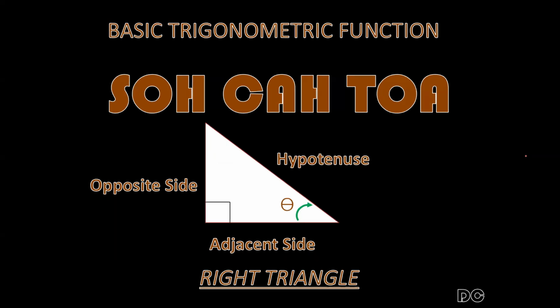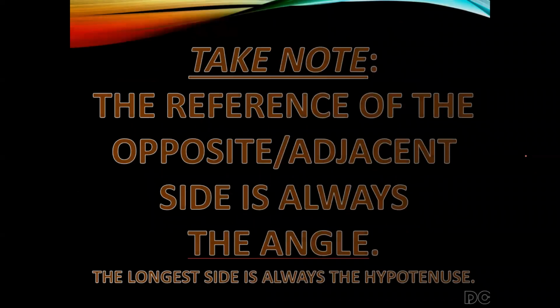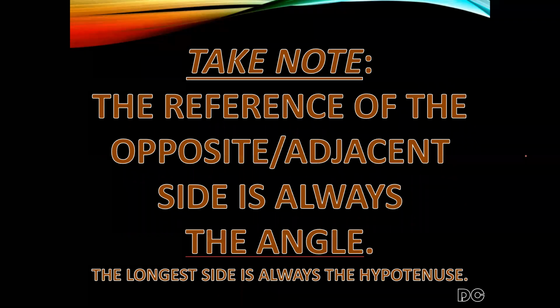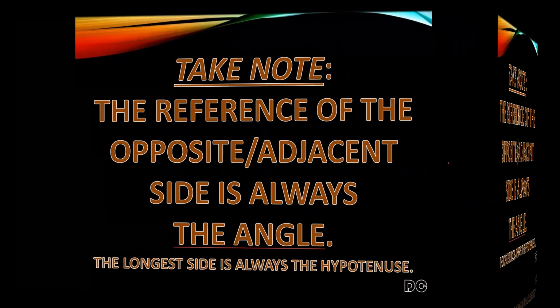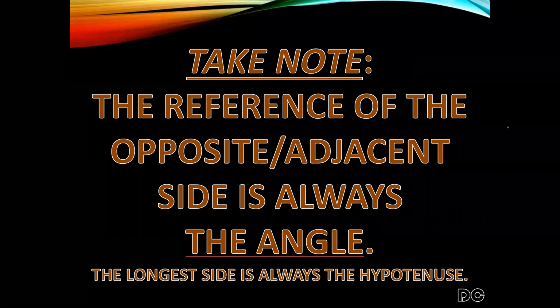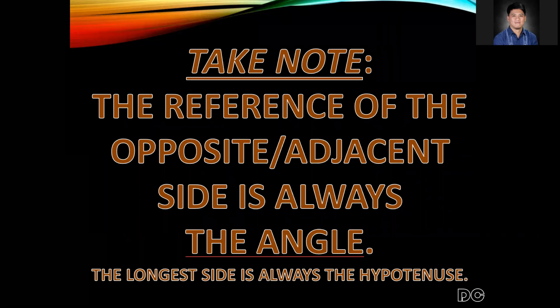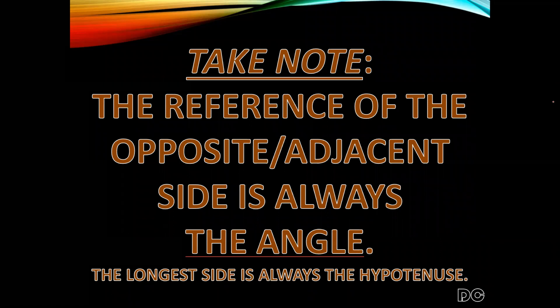Okay, so that is how to determine the opposite, the adjacent, and the hypotenuse side of a right triangle, so that we may be able to apply the basic trigonometric functions, which are the sine, cosine, and the tangent functions.